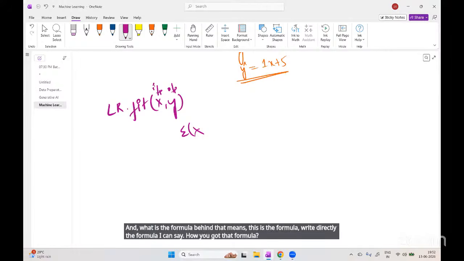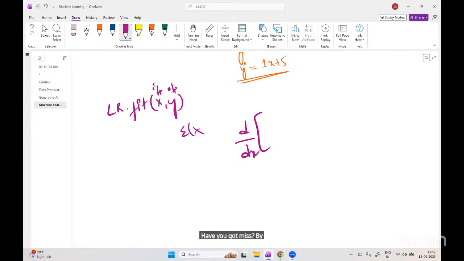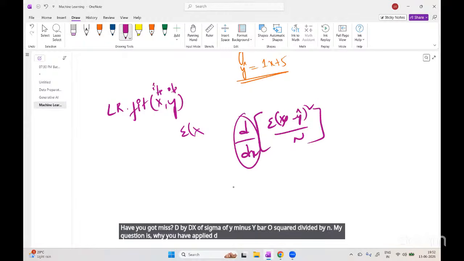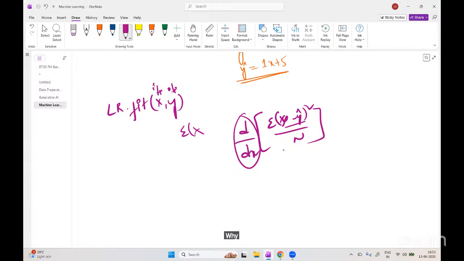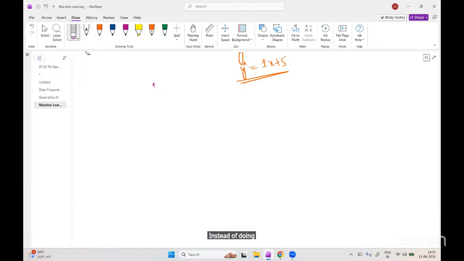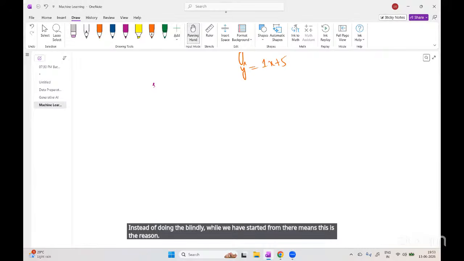By dy by dx of sigma of (y minus y bar) whole square divided by n. My question is, why have you applied dy by dx? In order to get the minimum, because you want the minimum MSE. Why do you want MSE? Because errors are negatives and positives. For everything, there is a reason. Is that clear, everyone? Instead of doing it blindly, why we started from there is this reason. Understood or not?